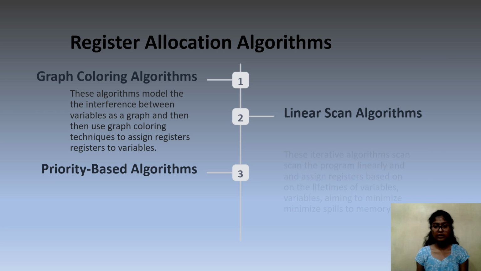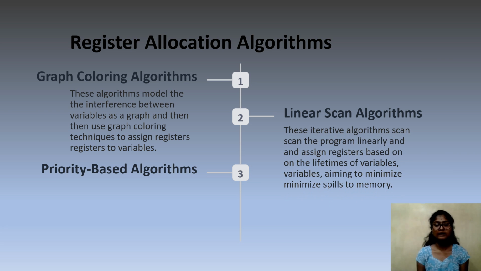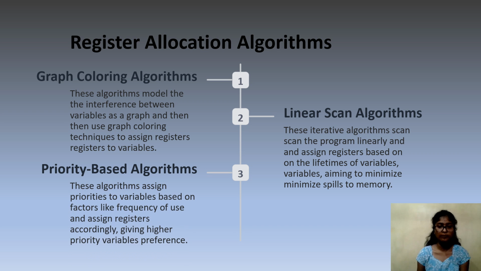The linear scan algorithm is an iterative algorithm that scans the program linearly and assigns registers based on the lifetimes of variables, aiming to minimize spills to memory. Priority-based algorithms assign priorities to variables based on factors like frequency of use and assign registers accordingly, giving high-priority variables preference.